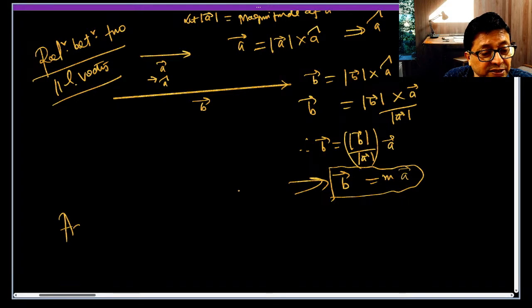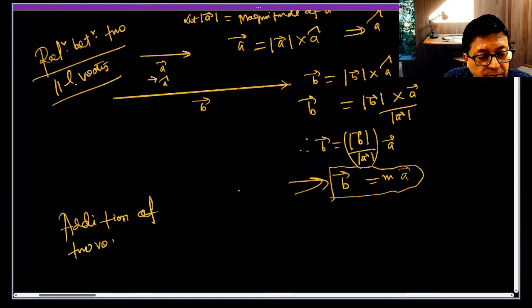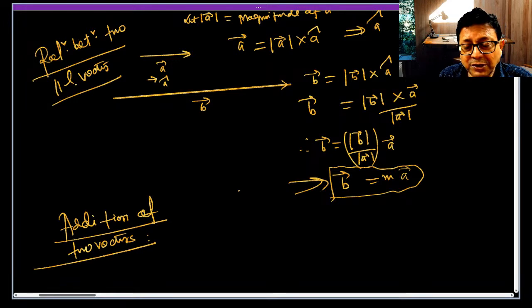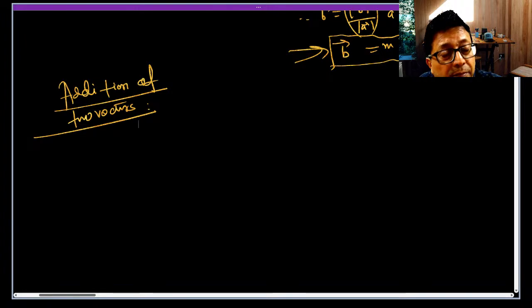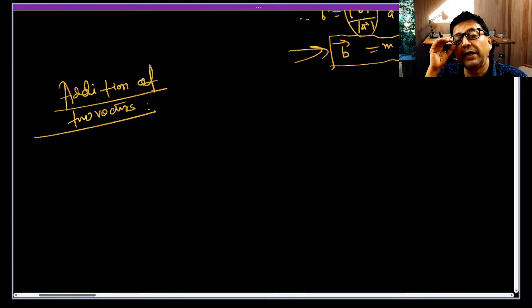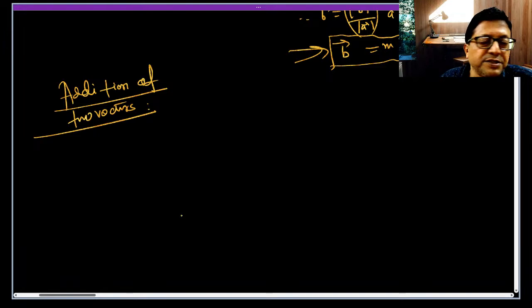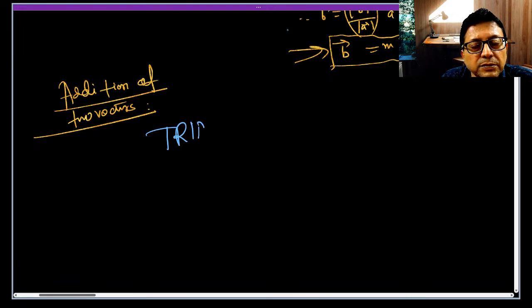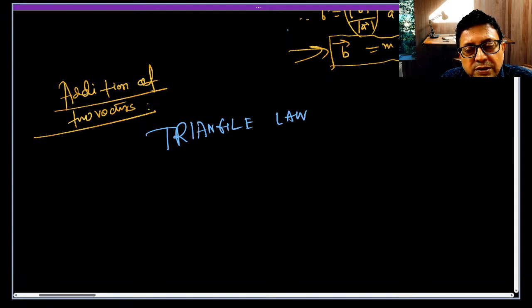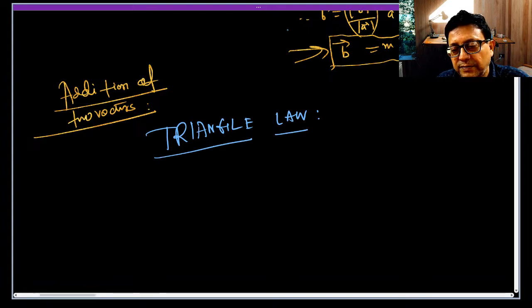Now, addition of two vectors. How can you add two vectors? We want to add two vectors. This can be done by the triangle law of addition. What is that? This is the triangle law of addition of two vectors.